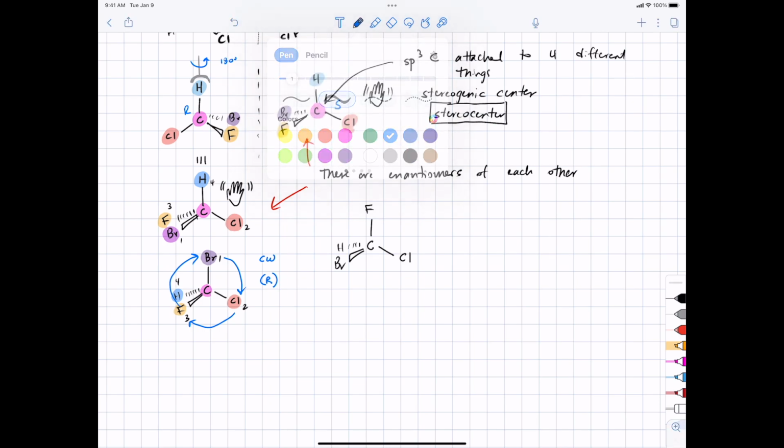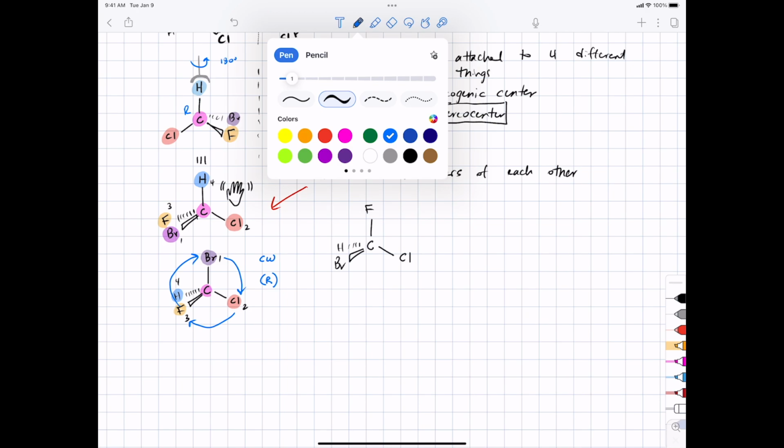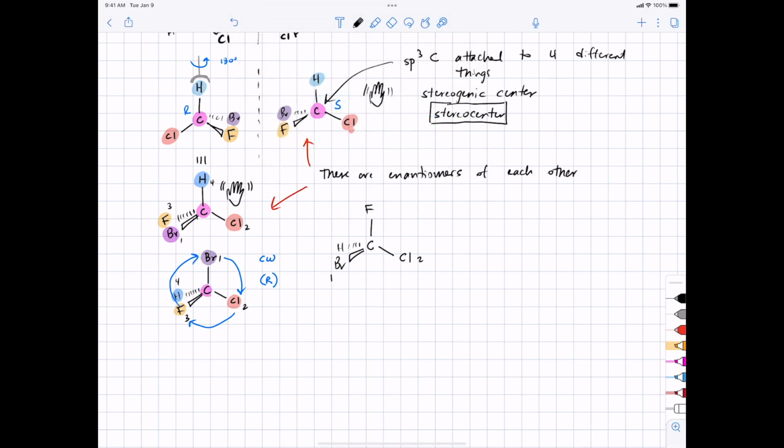And again, we can assign priority groups 1, 2, and 3. And you can see if we draw an arrow from 1 to 2, from 2 to 3, and from 3 back to 1, and 4 is going away from us. This is a counterclockwise rotation, and so we're going to call this S.